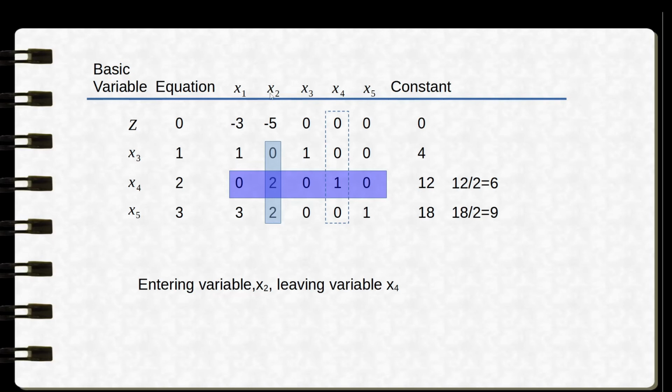Now we have to convert the coefficients of x2 to coefficients of x4 by using matrix operations. Once again, let me repeat it. We have to convert the coefficients of x2 to the coefficients of x4.